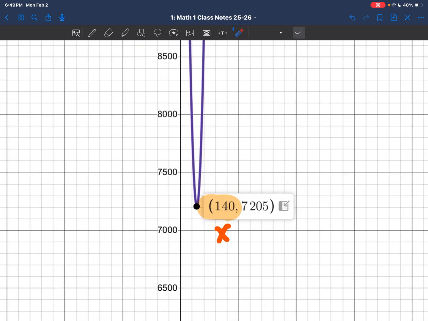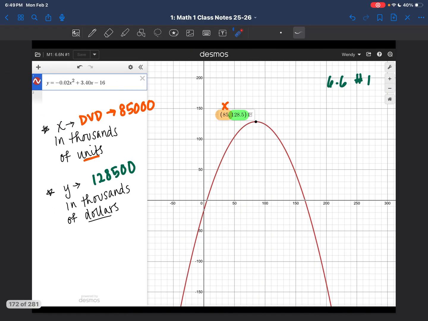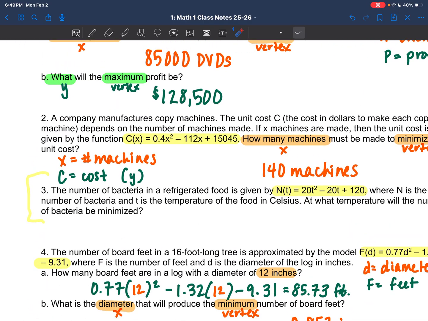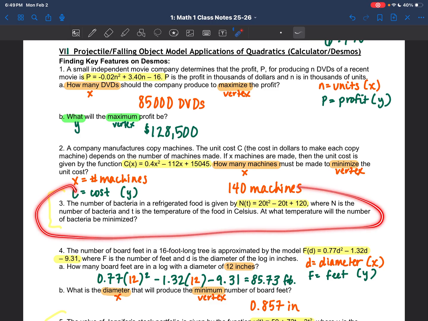And it wants to know how many machines must be made to minimize. Well, machines would be your X, and your X is 140, which is the minimum for this. So that's pretty easy there. And then I want you to try number 3.